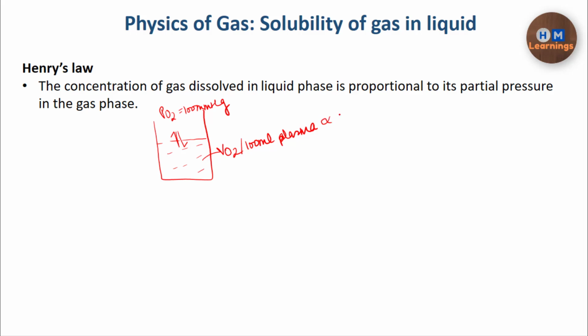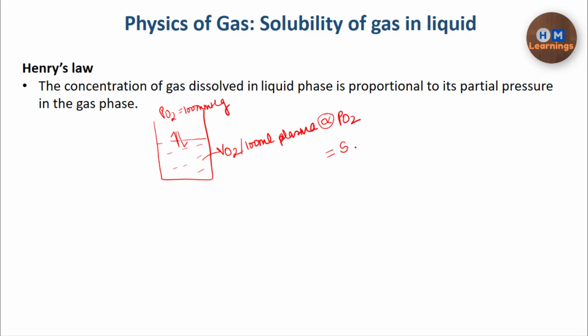and it is directly proportional to the partial pressure of oxygen. That means the more the partial pressure of oxygen in the atmosphere, the more will be the amount of oxygen dissolved in the arterial plasma. Here this proportionality is replaced by a constant which is called the solubility coefficient, which is different for different gases.